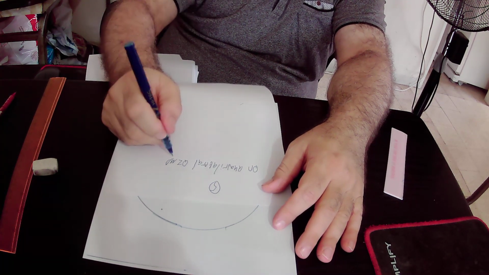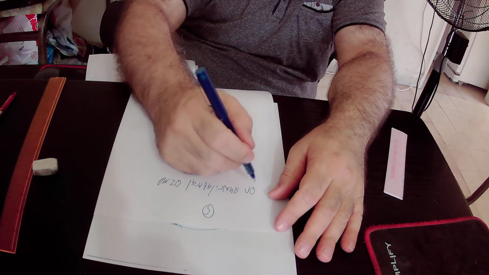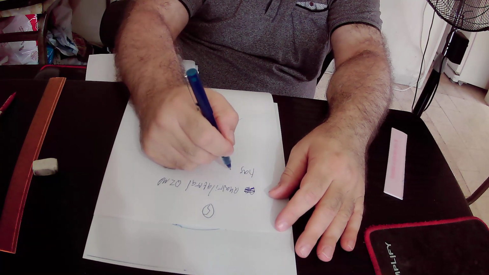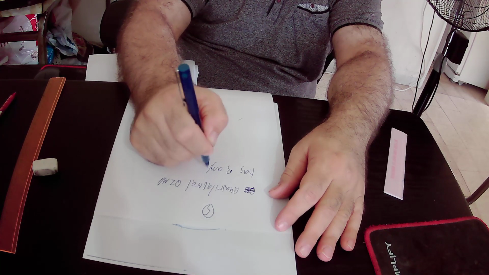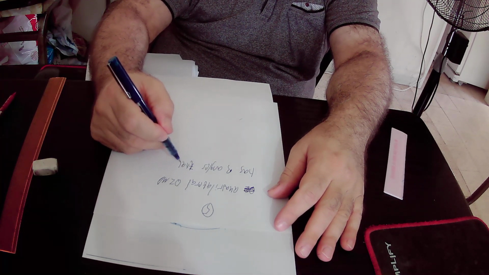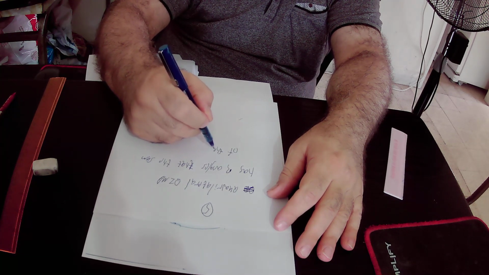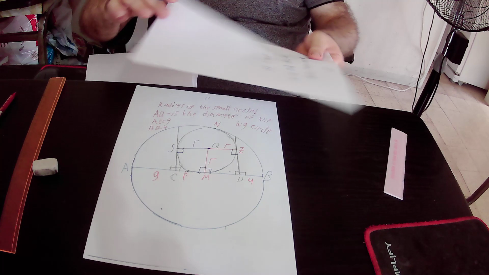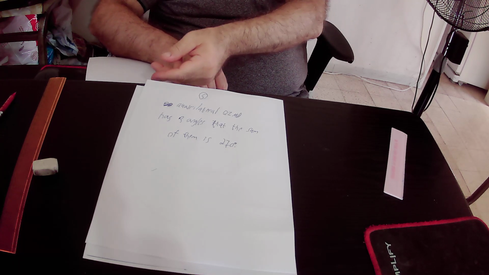Quadrilateral QZMD has three angles that the sum of them is 270 degrees.